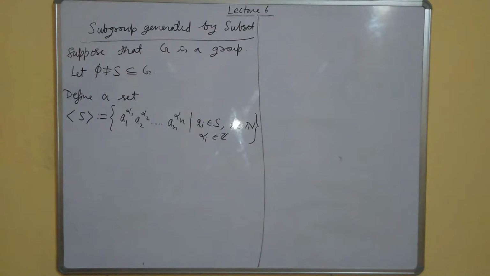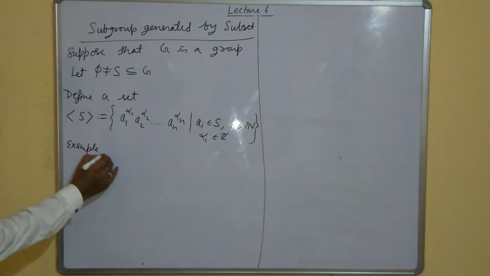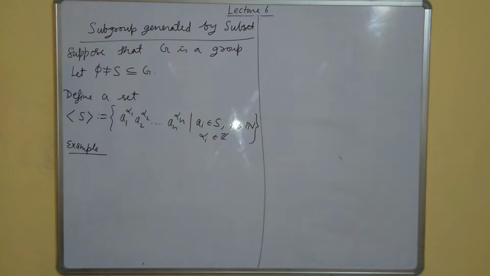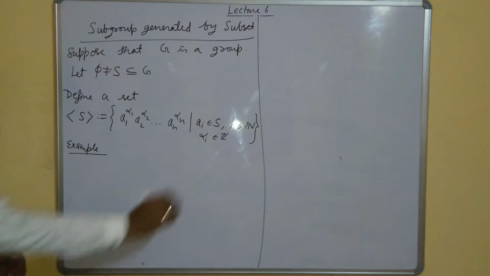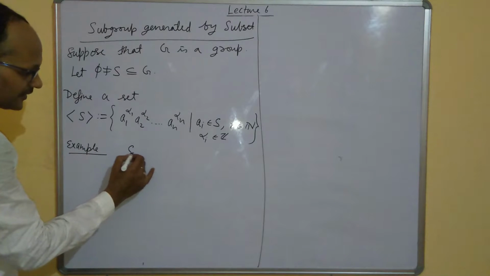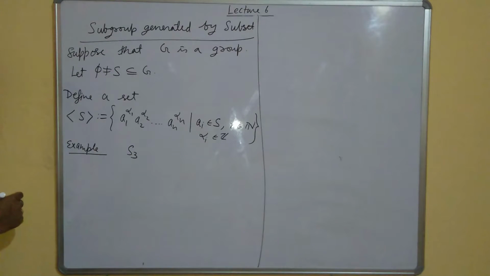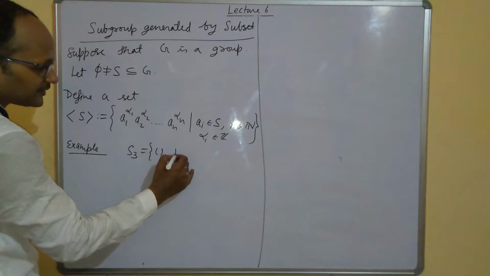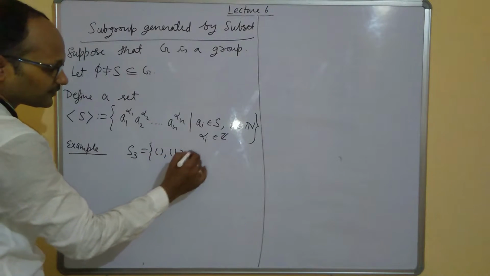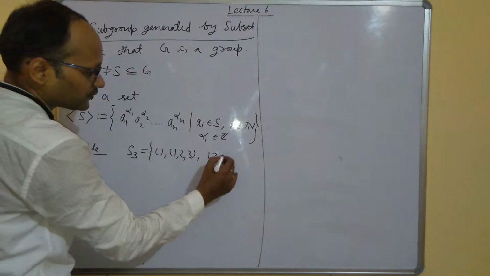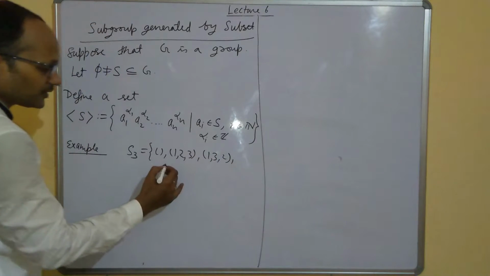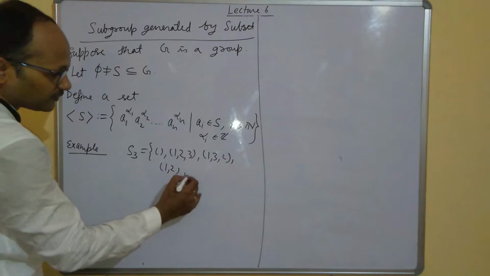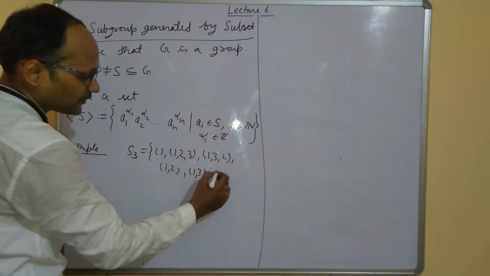What does it mean? Let me first explain it by example. Suppose I take S3. S3 has how many elements? These are 1, 2, 3, 1, 3, 2, 1, 2, 1, 3, 2, 3.